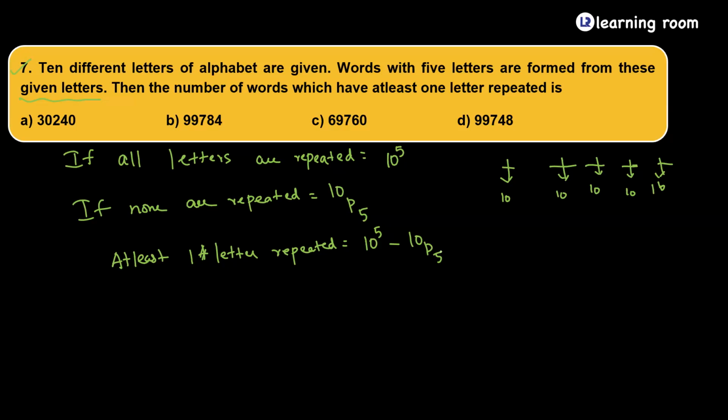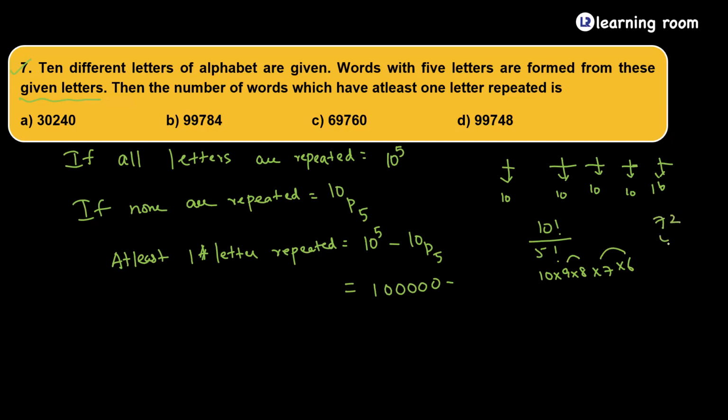Right. So what is 10 power 5? 1 lakh. Minus what is 10P5? 10P5 is 10 factorial by 5 factorial. 10 factorial is 10 into 9 into 8 into 7 into 6 into 5 factorial. So how much is this going to be? So 72 into 42.